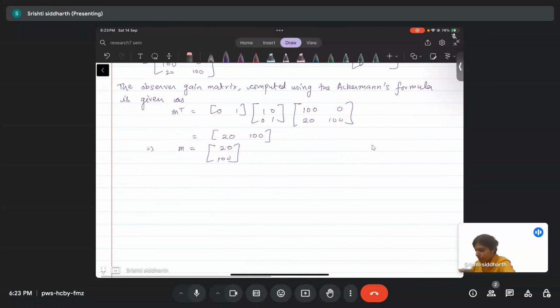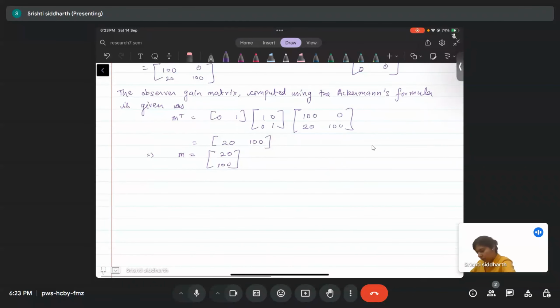Just to recall, when we're talking about estimation and we need to compute the gain using Ackermann's formula, we're talking about the system A transpose, C transpose. We are designing for the poles of the system to be at some desired location.